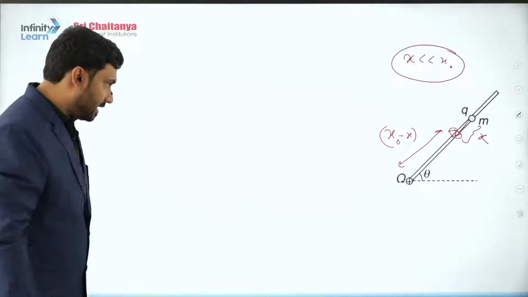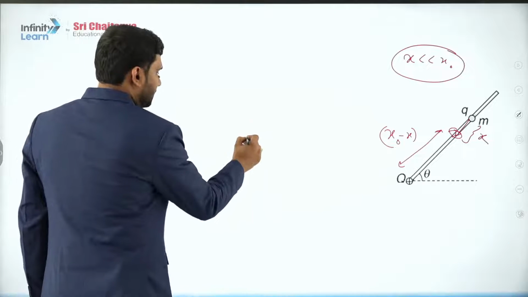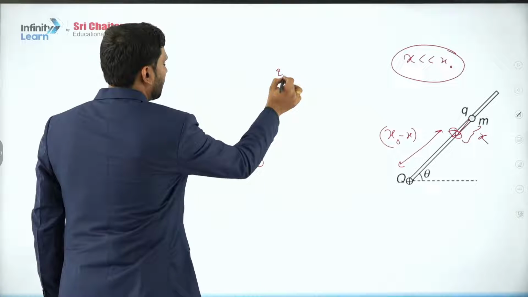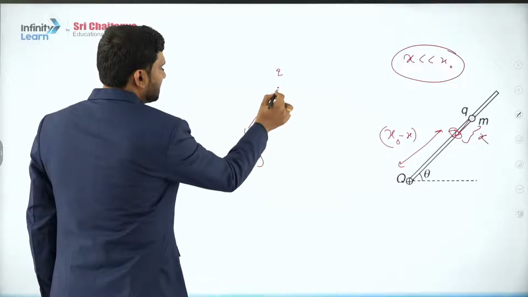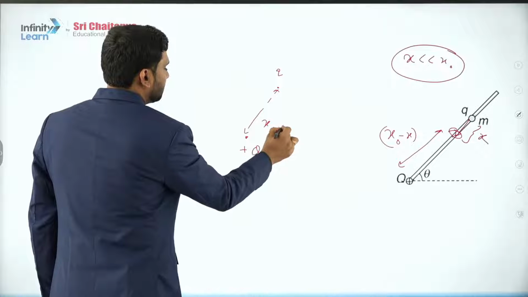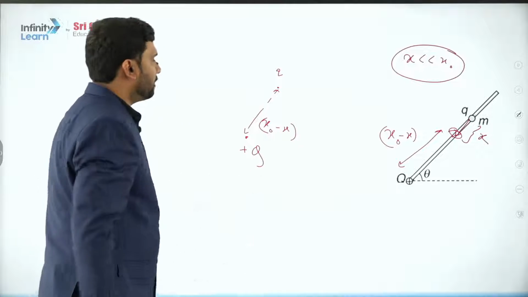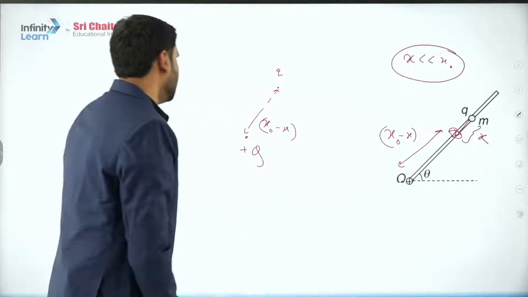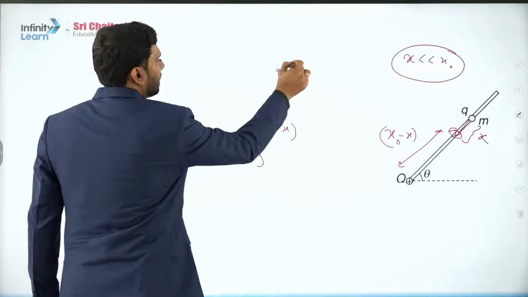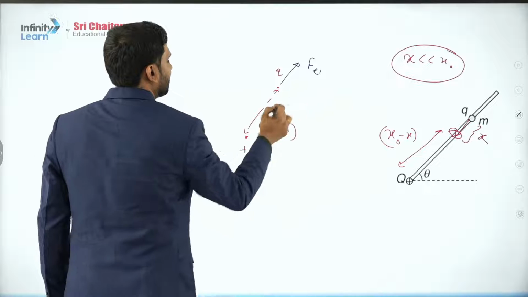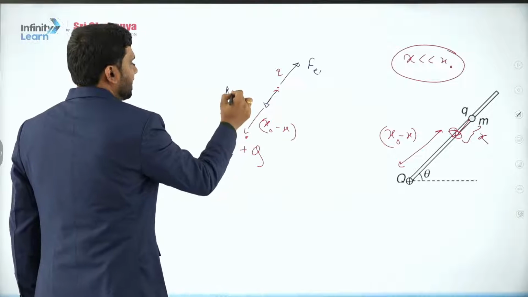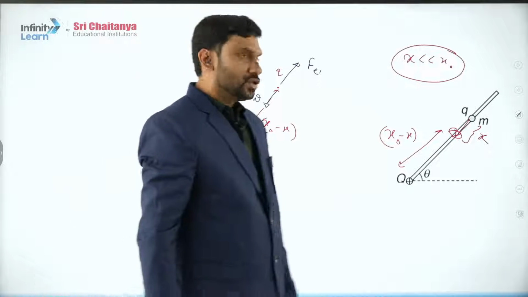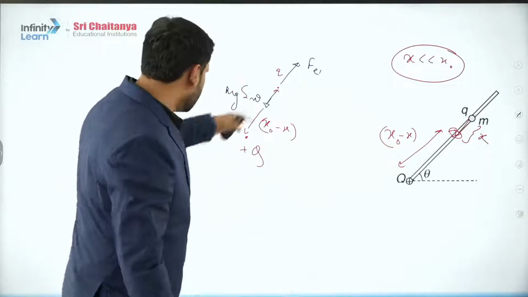So now try to understand what the forces are. Here plus capital Q is there, here this small q is there, and this distance here is now x naught minus x. So what are the forces acting? I can easily write the forces. The forces acting in this direction, now there is F electrostatic, and in this direction the same mg sin theta. Alright. So what is the net force along this line joining?